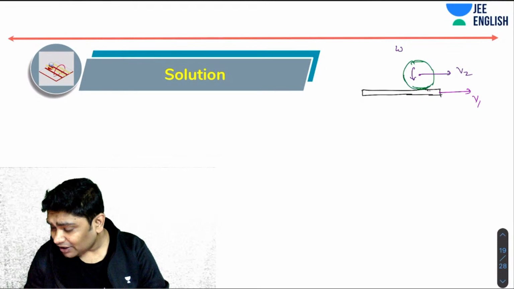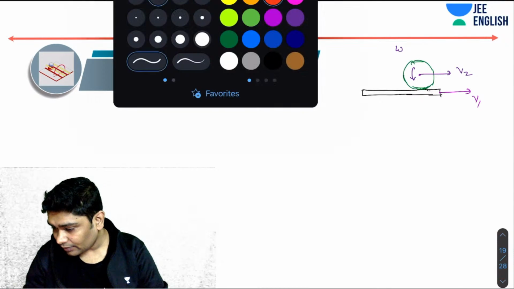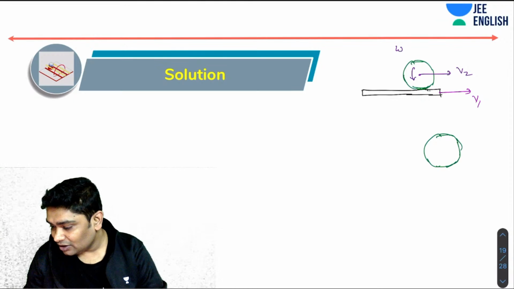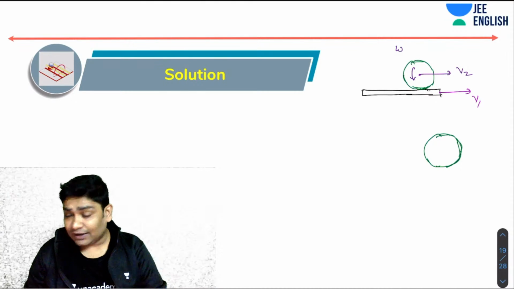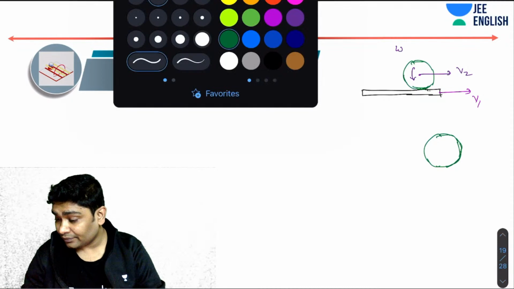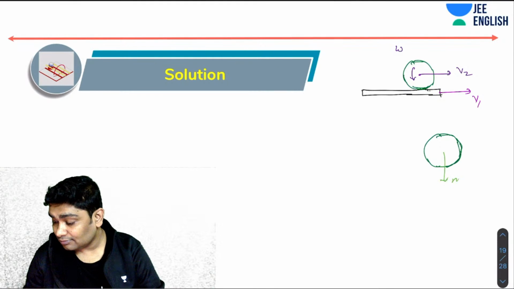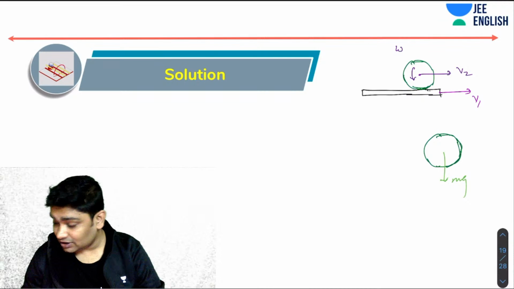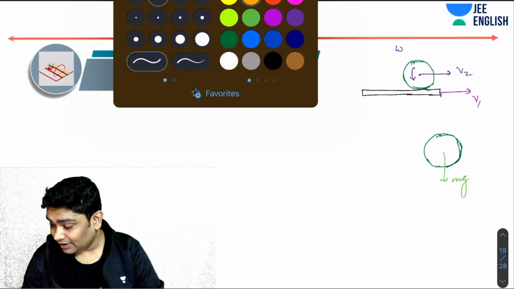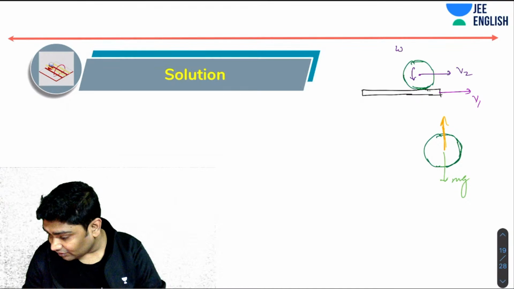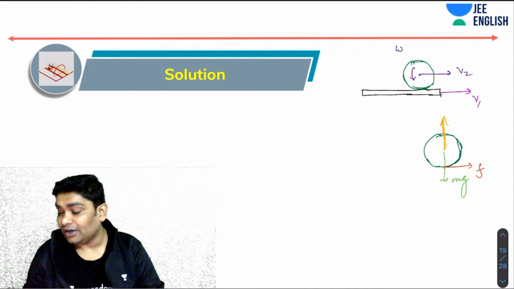What you want to do is draw the FBD of this cylinder. Look at this cylinder carefully. So what are the forces acting on this cylinder? G, of course, and friction will be in the forward direction.